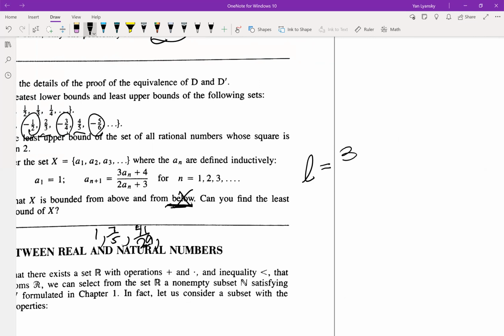This would be 3L plus 4 over 2L plus 3. Can you solve this for L?